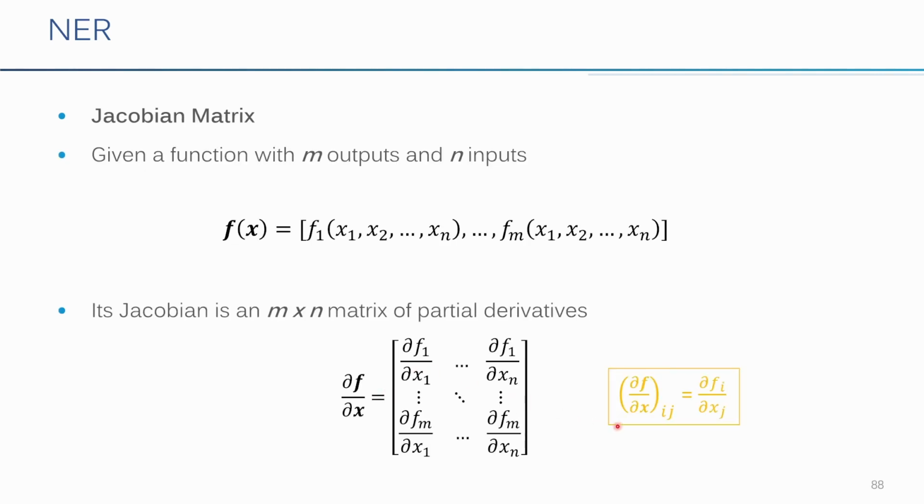I kind of skipped this fast, but the derivative of whatever function that we have with respect to x, for all the terms that we have there, are simply the partial derivatives for every single unit of those matrices. So doing a partial derivative of this matrix is nothing more than doing the partial derivative of its inner elements.